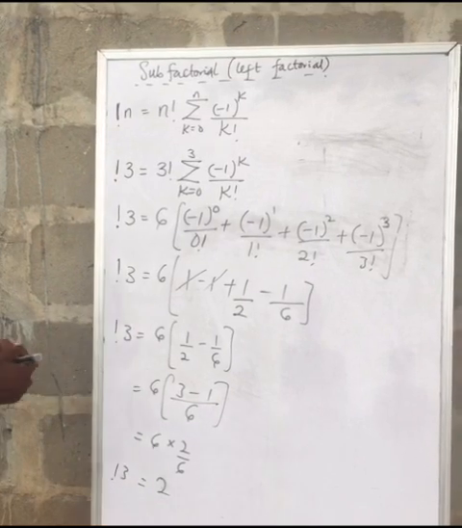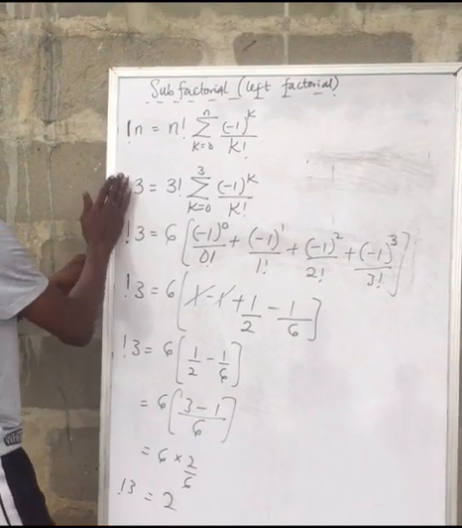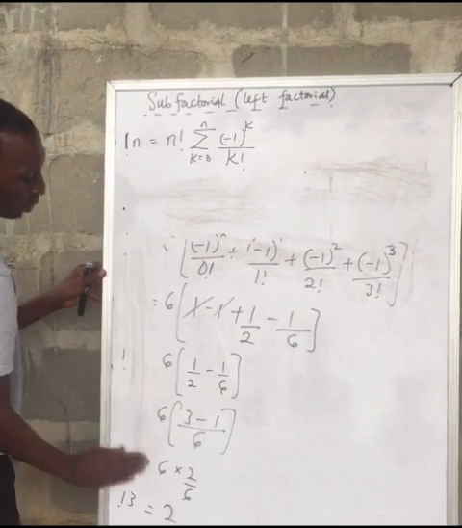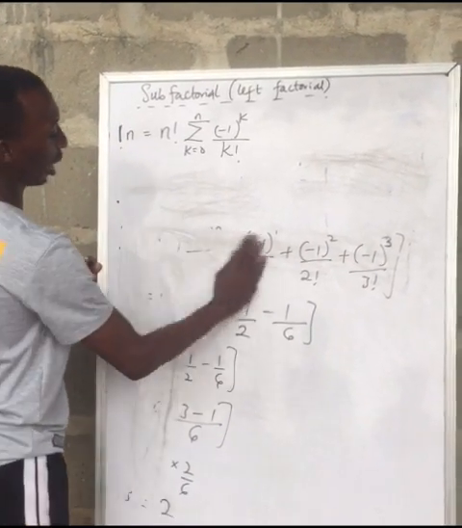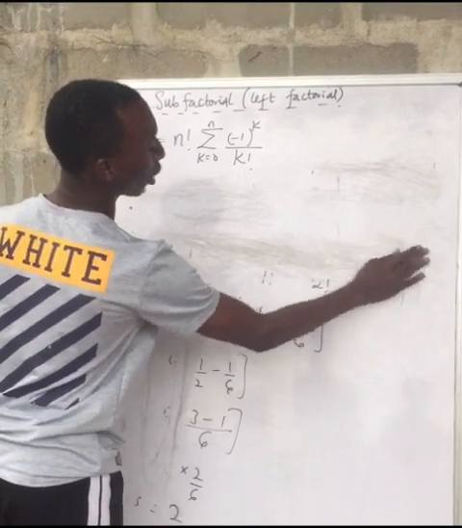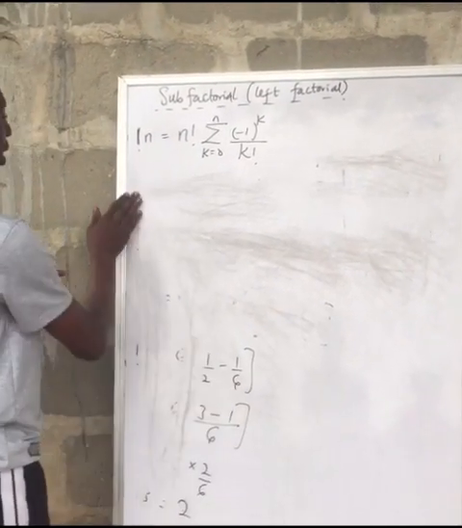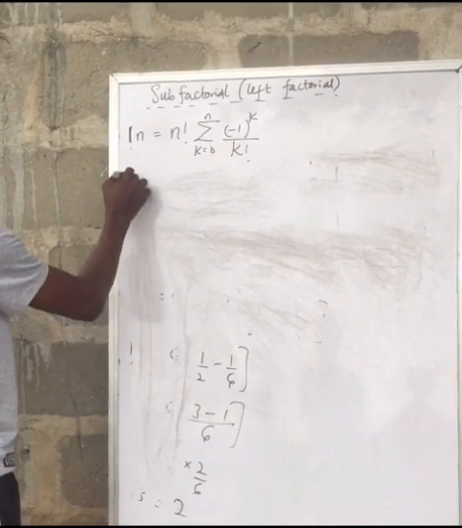You can actually find the subfactorial of other numbers. If I want to find the subfactorial of 5, for example, let's see what we are going to have at the end of the day. Let's solve out the subfactorial of 4 first. I can show you more examples.